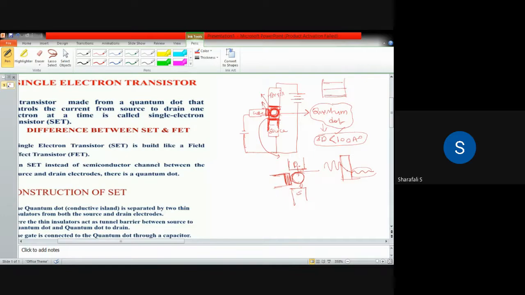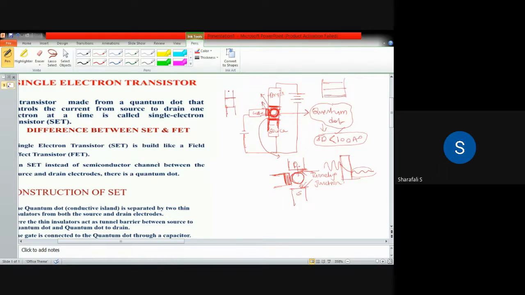This kind of quantum mechanical tunneling is possible in this junction also. That's why we call this a tunneling junction. We have two such junctions in the case of single electron transistors. So these are the basic differences. If you consider the FET, we have the channel, then the drain region, then the source region like this.